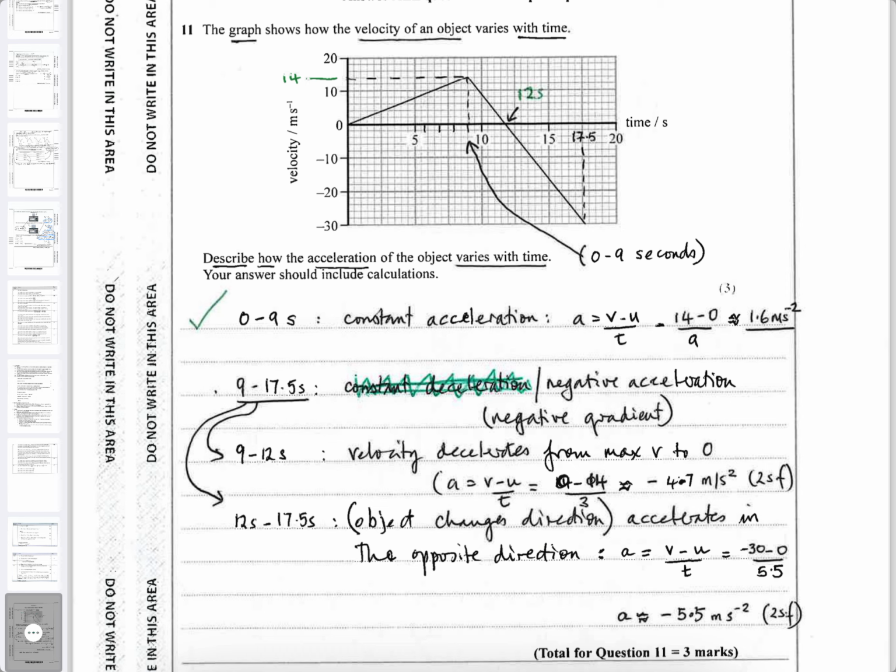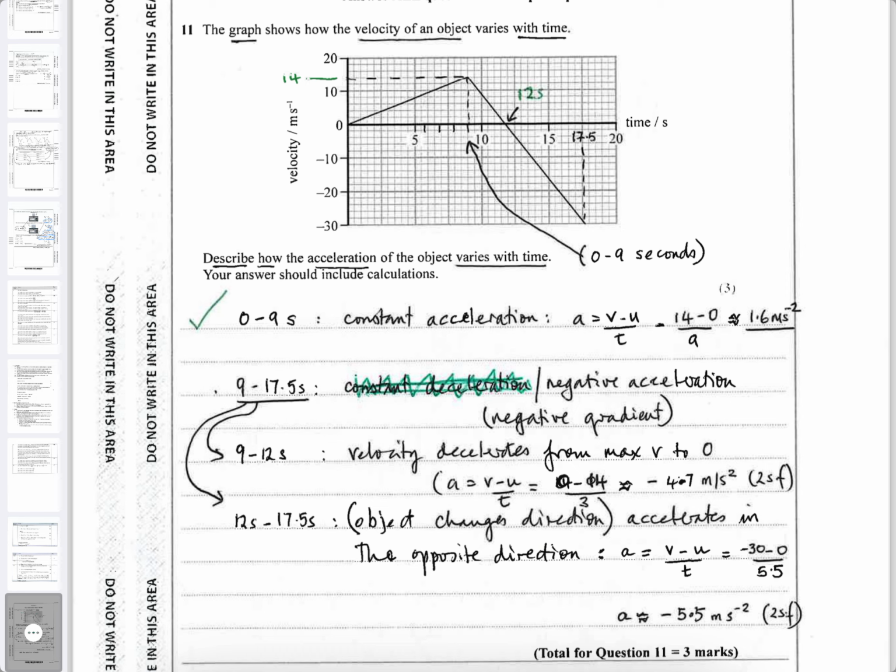Because remember, acceleration and velocity are vector quantities. Up to 12 seconds, you'll see I've marked that also on the graph where it crosses the 0 point on the velocity. So between 9 and 12 seconds, the velocity decelerates from the maximum of 14 down to 0 again, okay? And you can see the slope is steeper than the initial acceleration between 0 and 9 seconds. Then I again worked out what the deceleration is, and I nearly made a mistake again.